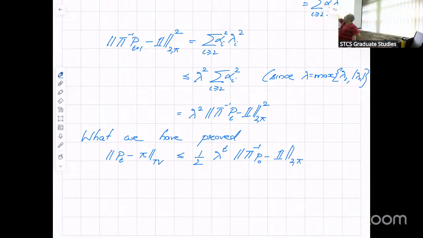Each time the square shrinks by a factor lambda squared, so the actual value shrinks by a factor lambda. This is a property of the starting distribution. As long as you escape these two obstacles, which are disconnectedness and bipartiteness, the random walk will converge to the stationary distribution.